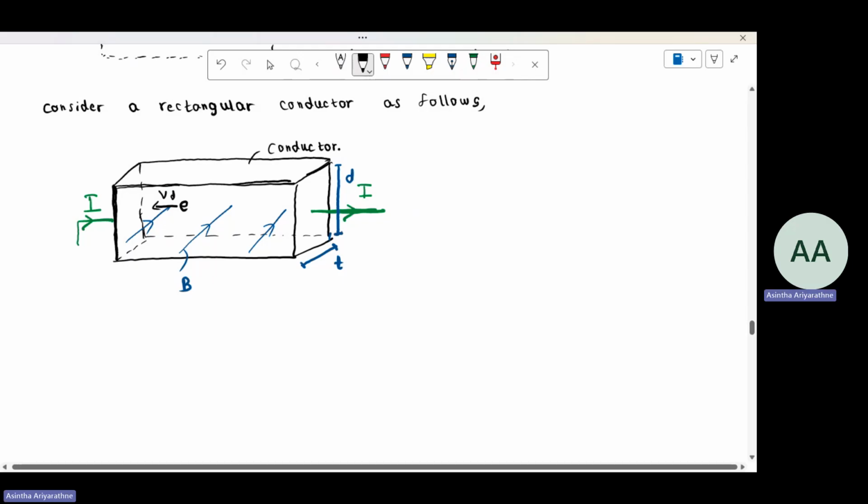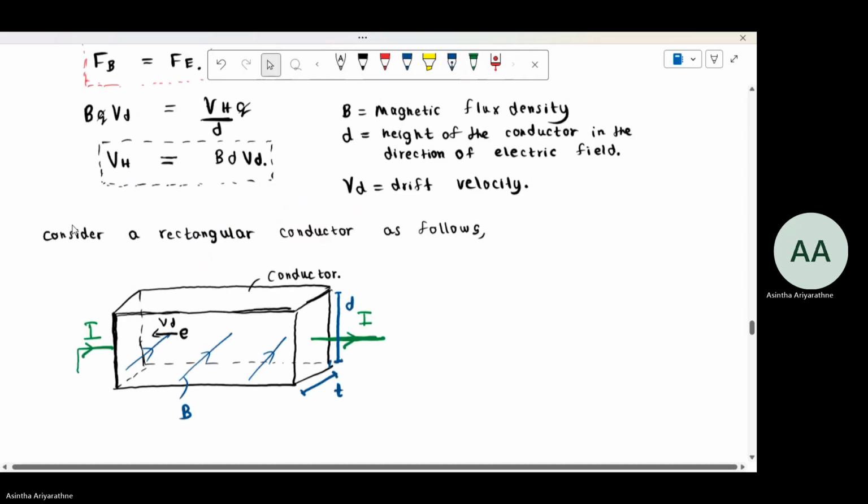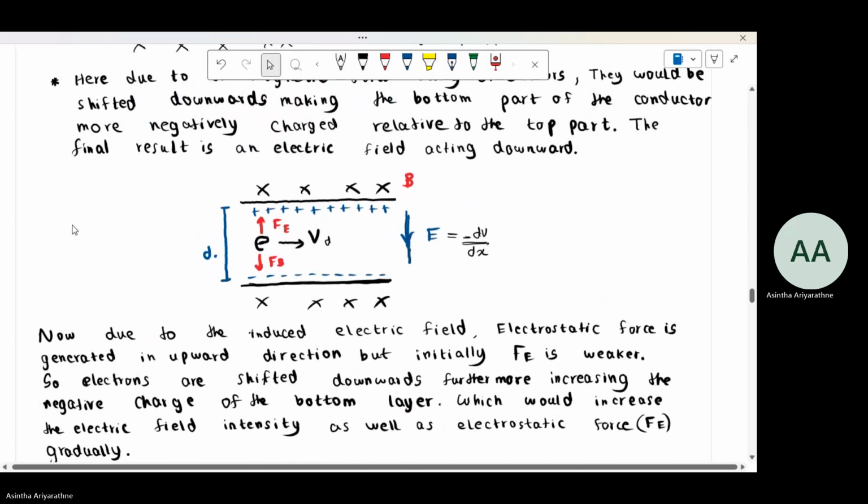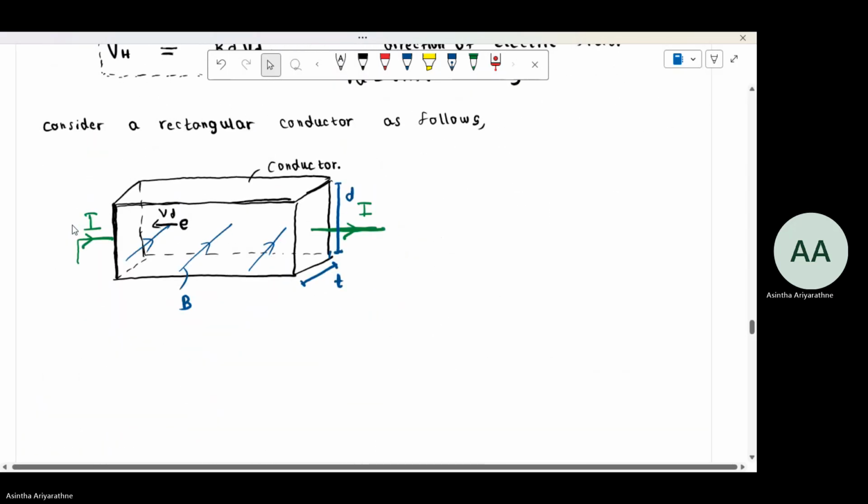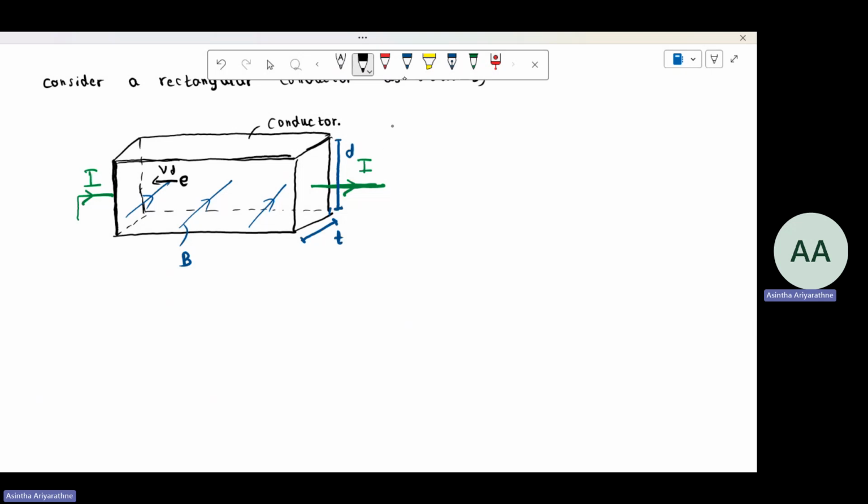What would be the direction of the electric field? Yes, upwards. The electric field would be induced in the upward direction.